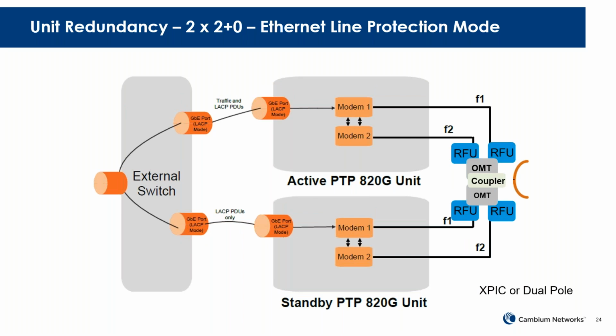Same as the split mode, but you would need an external switch to perform LACP. In terms of the software, this line protection mode was introduced in release 8.7, but right now there are some bugs, and we're already further along.